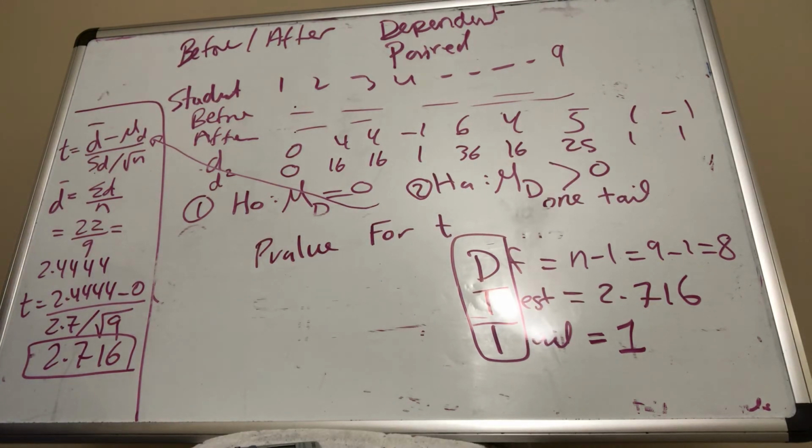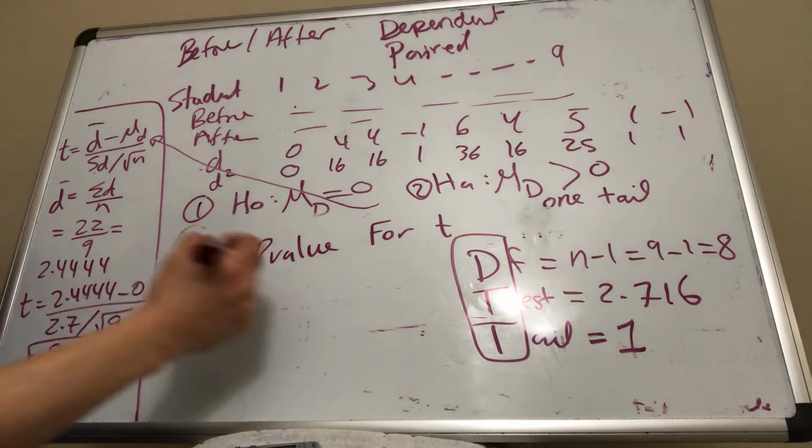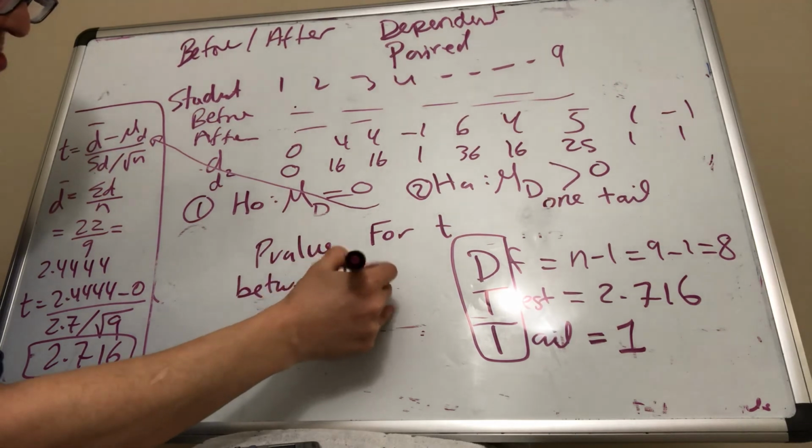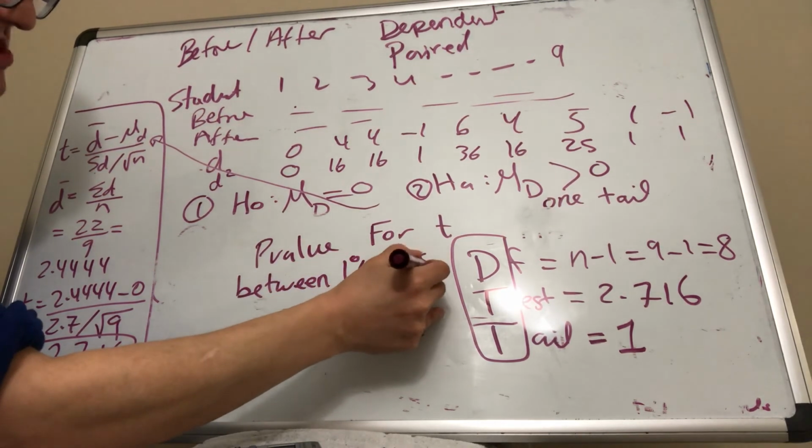You go to the t-table. You go to the degree of freedom 8. You look for the 2.7. You'll see the 2.7 is between 2.3 and 2.8. You put your two fingers on them, you go up to the one tail. P-value would be between 1% and 2.5%.